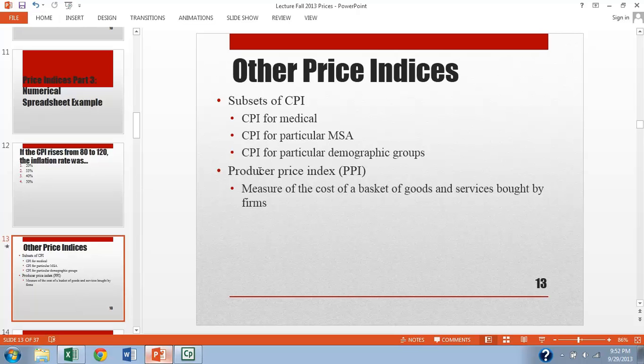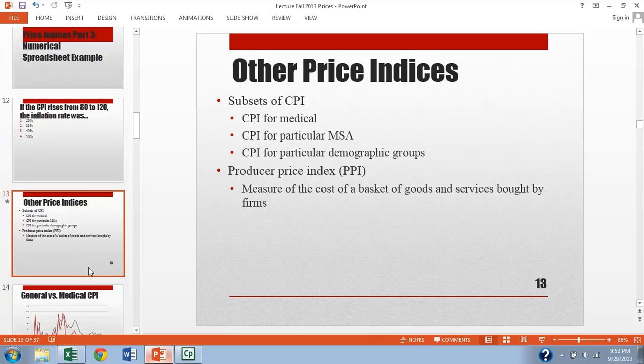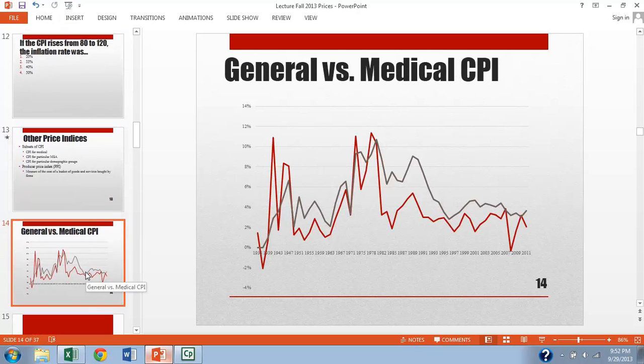The producer price index measures the price of things that are bought by producers, suppliers. This is most often looked at as a predictor of future consumer price inflation, because if the prices that producers are paying are going up, then it's likely that they will attempt to pass along those price increases in the near future to consumers.